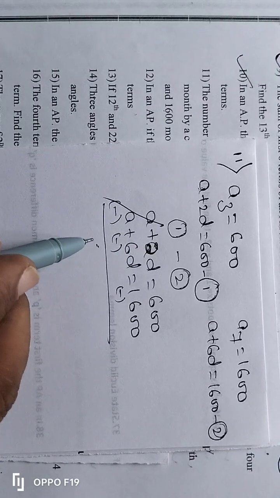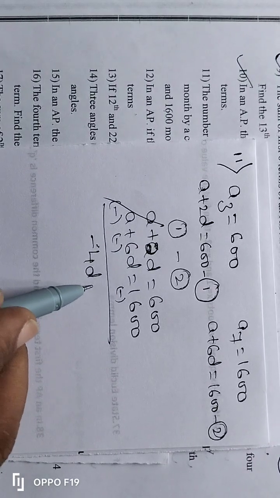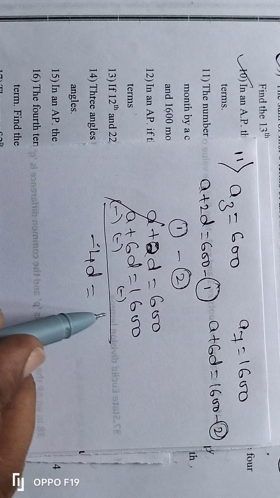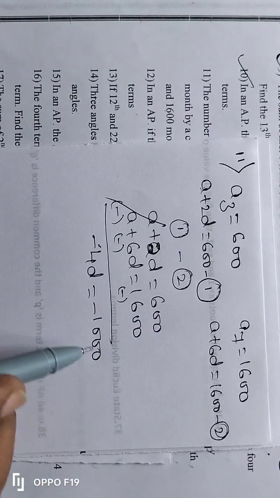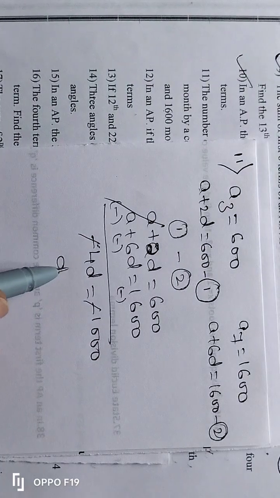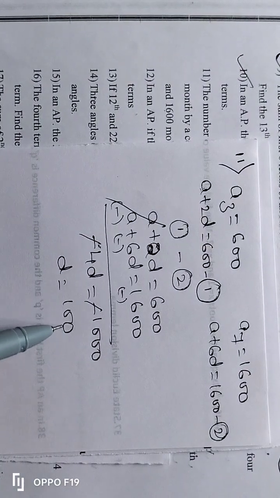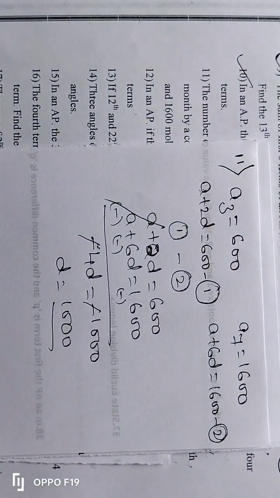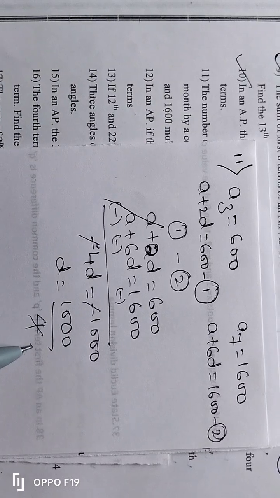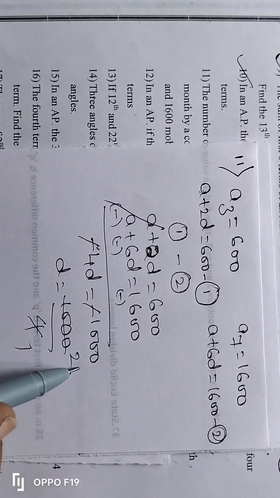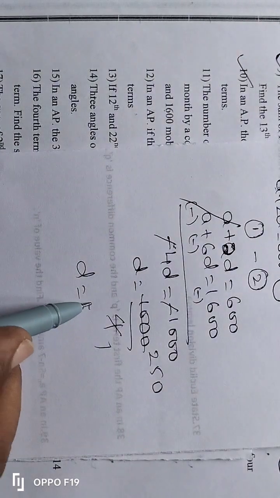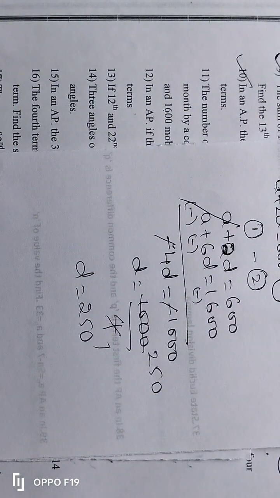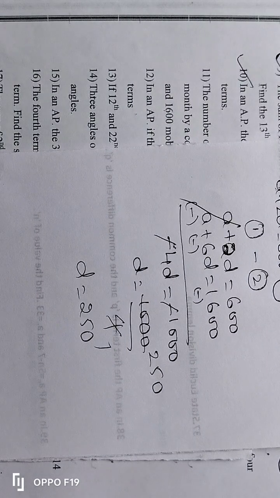Minus 6D plus 2D is minus 4D, equal to minus 1600 plus 600, which is minus 1000. Minus minus cancel. D is equal to 1000 divided by 4. 4 ones are 4, 4 twos are 8, 4 fives are 20. So D, the value of common difference, is 250.